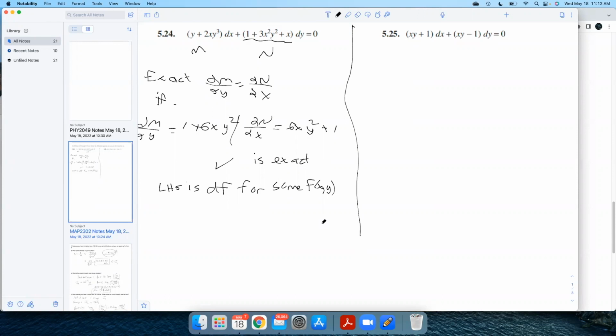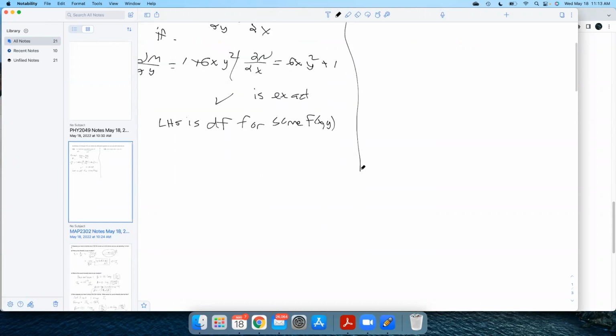Either way's fine. Some of the videos in the homework will do the second way. Some will do the first way. It's up to you. I like the first way. The way I approach these is that this function f must be the antiderivative of M dx.